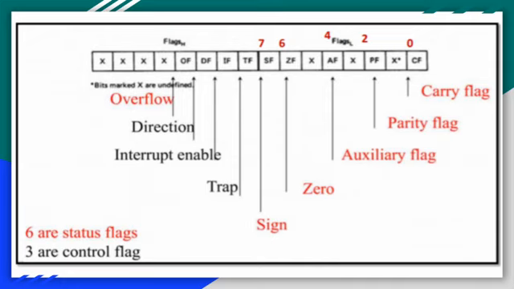This gives an overview of control flag and status flag, which contains carry flag, parity flag, auxiliary flag, zero flag, sign flag, trap flag, interrupt enable flag, direction flag, and overflow flag. In these, 6 are status flag and 3 are control flag.